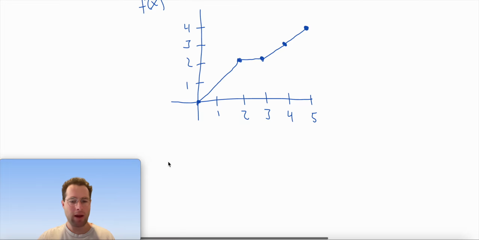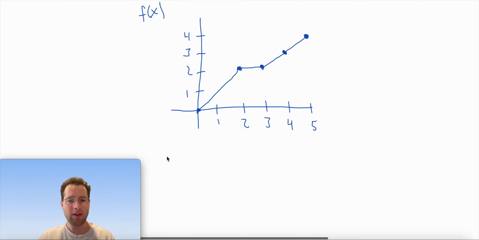First off, what is f of 3? To find f of 3, we're just going to look at the x-axis. I'll even label these x and y. We see that when x equals 3, then f of x equals 2. Then we might be asked, what's f inverse of 3?